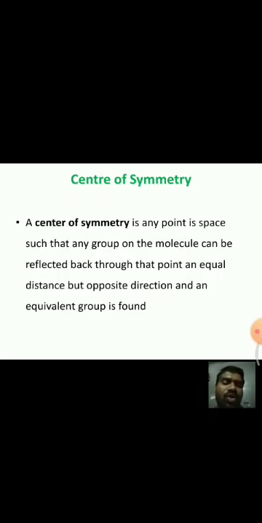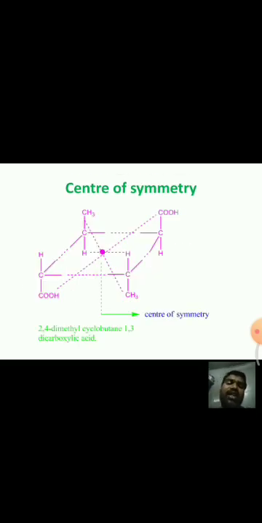And next, the third one is center of symmetry. A center of symmetry is any point in the molecule. That means if we draw a line from any group to the center, and if the line is extended, then at the same distance the same group is found, then the molecule is said to be having a center of symmetry.